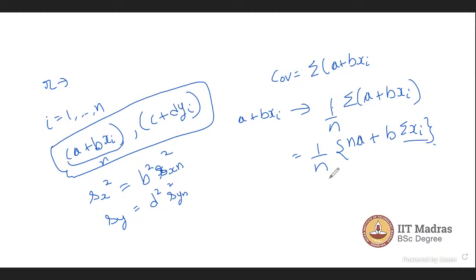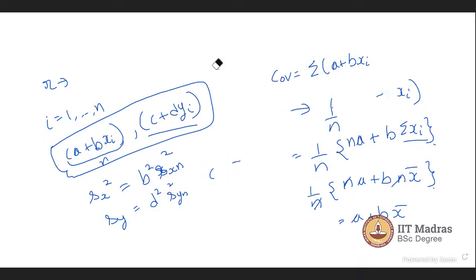By the formula of mean, summation xi is n times x bar. So n gets cancelled out, and it's a plus b times x bar. Similarly, the mean of the other is c plus d times y bar.